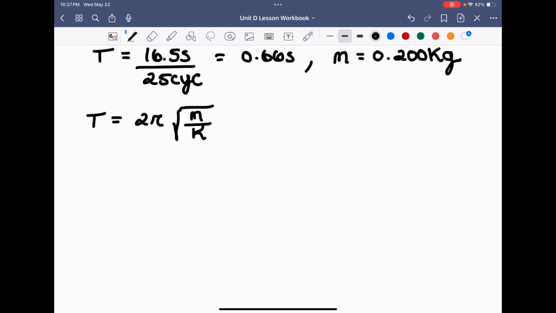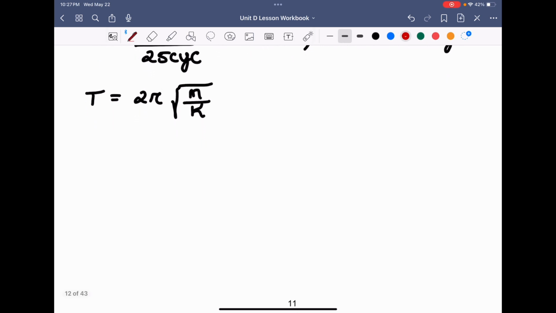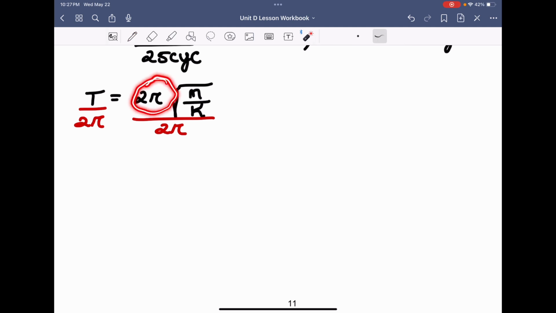Now from here, we're trying to solve for the spring constant or the K value. So before we do that, what I even recommended when we dealt with the pendulum equation is divide by the 2 pi. Now this isn't the only way to solve it, but it's a way of avoiding forgetting to square this 2 pi that's given here. Because what might happen is if you don't do this and instead you just square both sides, you may forget to distribute this by power rule.